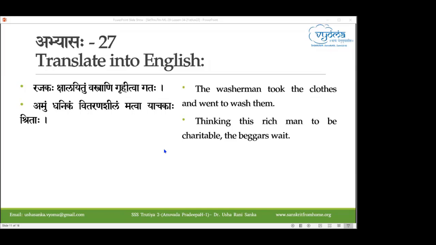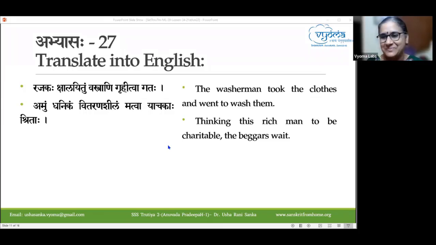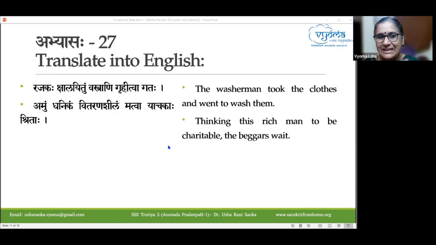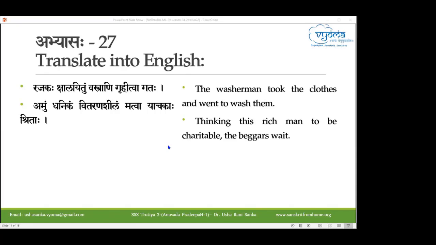So if you can give the meaning for that particular difficult word, like grihitva. We thought it is connected to griha, but actually it is from "to take", having taken. See, now within half an hour I have forgotten.